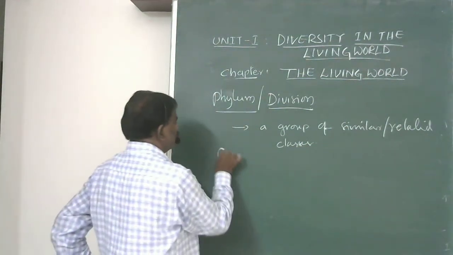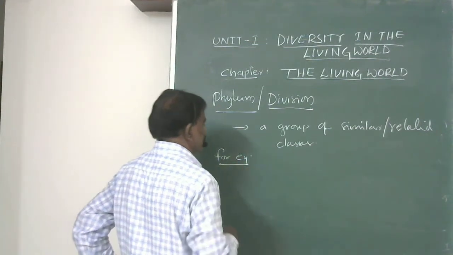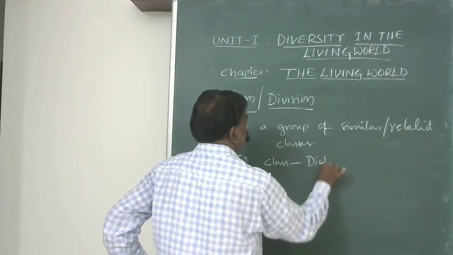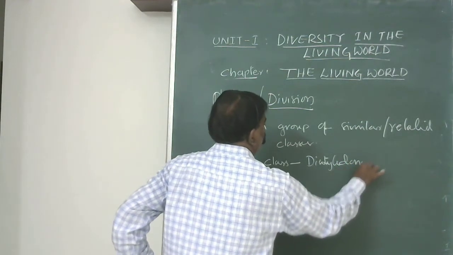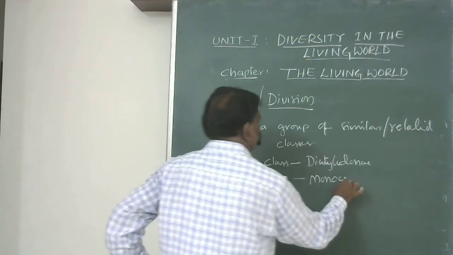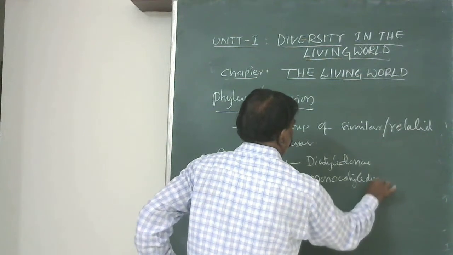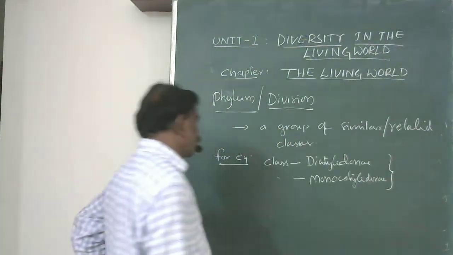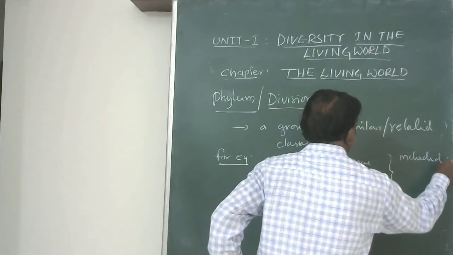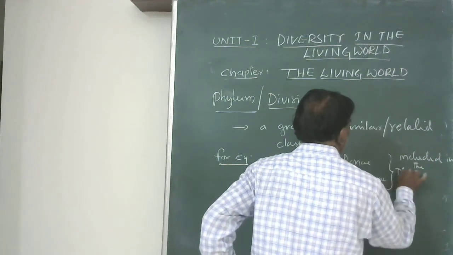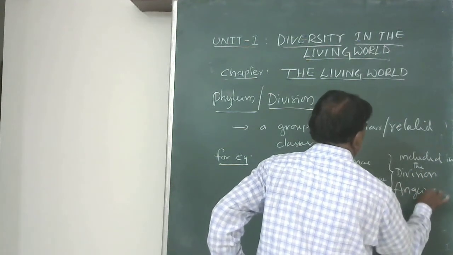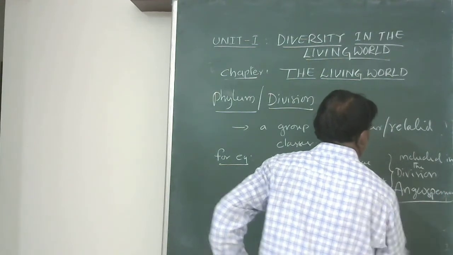For example, in plants, the class Dicotyledonae and the class Monocotyledonae are included in the division Angiospermae.